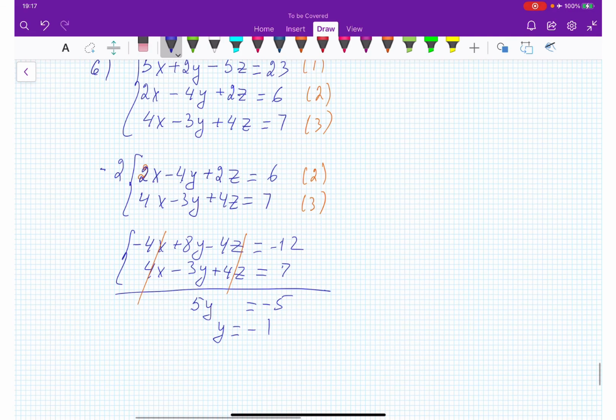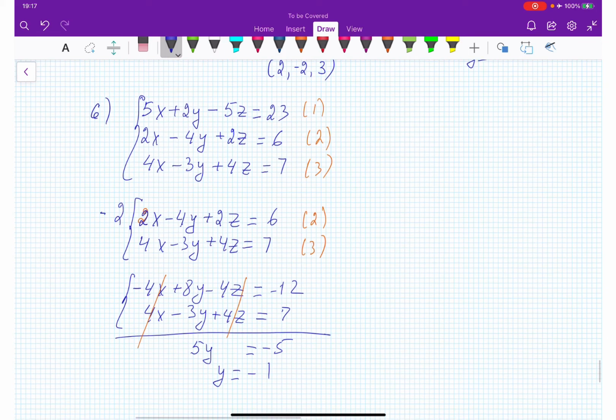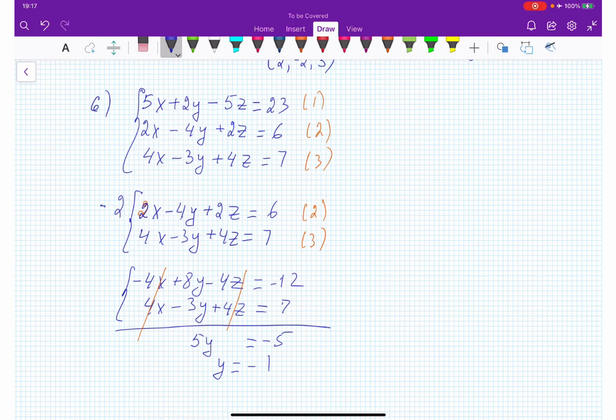Okay, once we have y is equal to negative 1, let's choose the next two equations. So I used 2 and 3, so I have to have the first one, 5x plus 2y minus 5z equals 23.